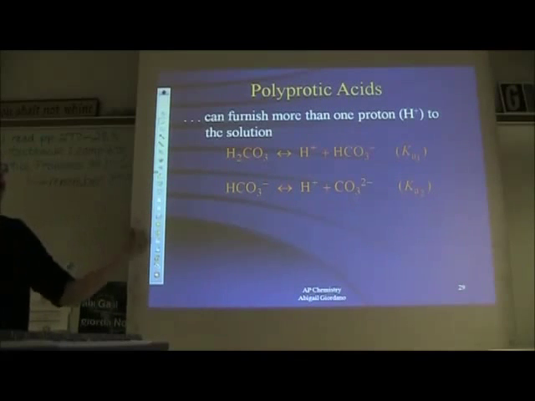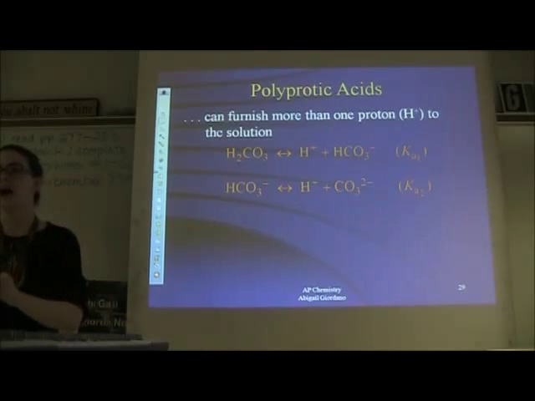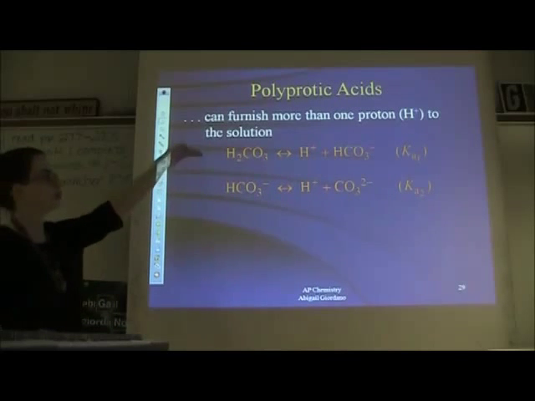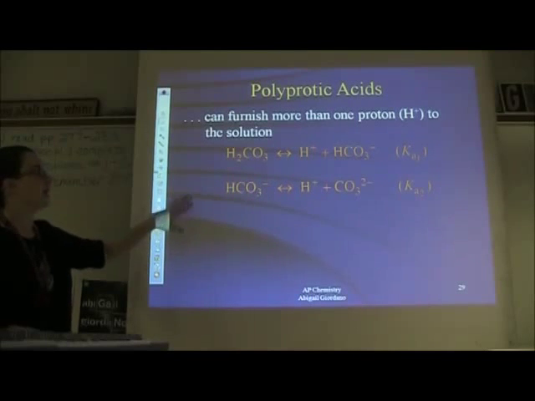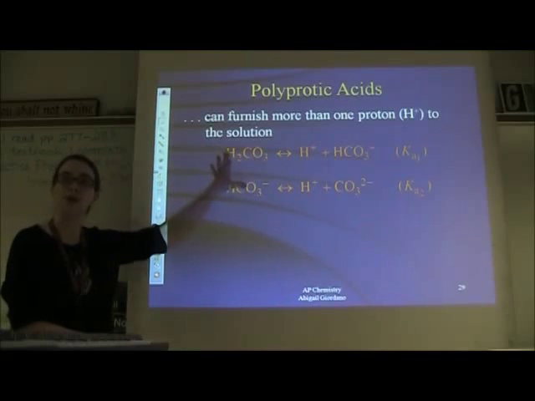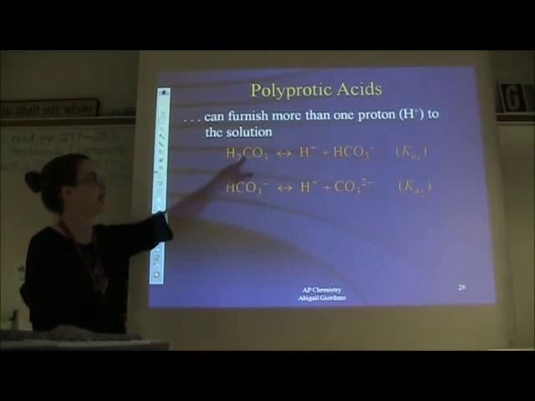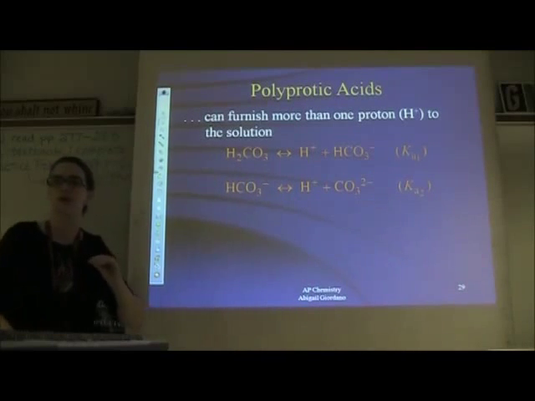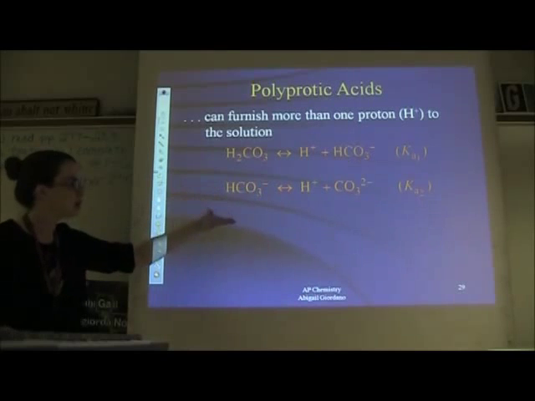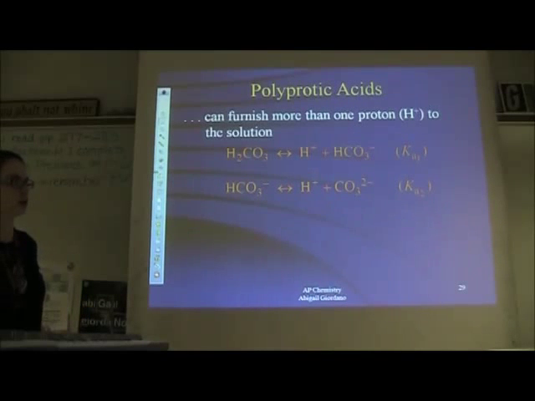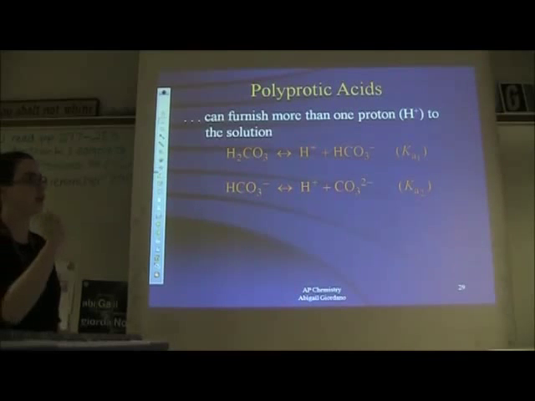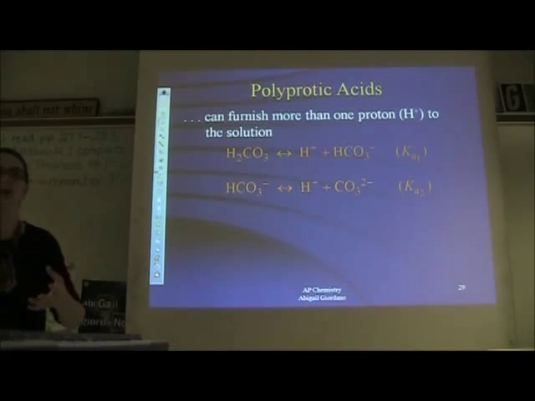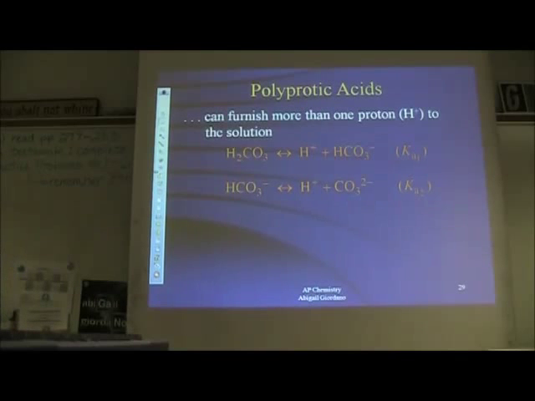They are donated one at a time. So there's 2 separate reactions here. If this were a triprotic acid, meaning something that has 3 hydrogens to donate, you would see 3 dissociations. So that's really important: these hydrogens do not come off all in one shot. They're removed one at a time.